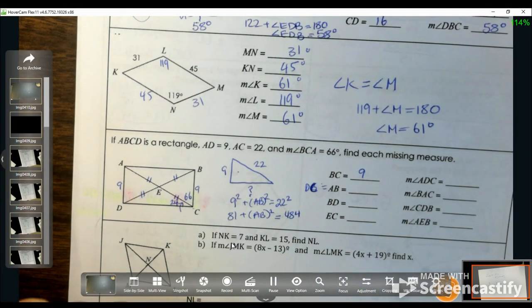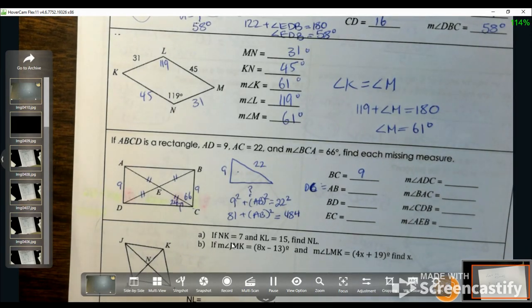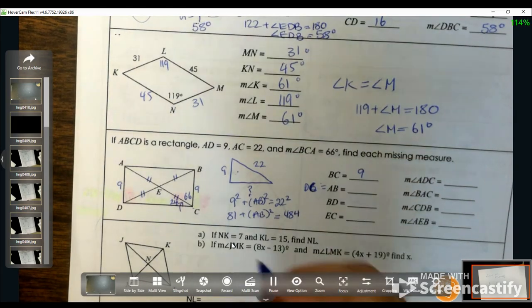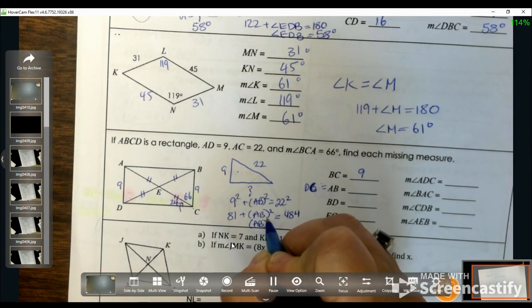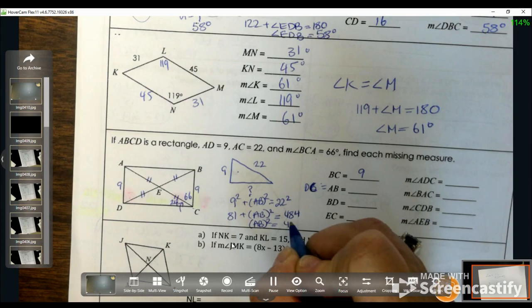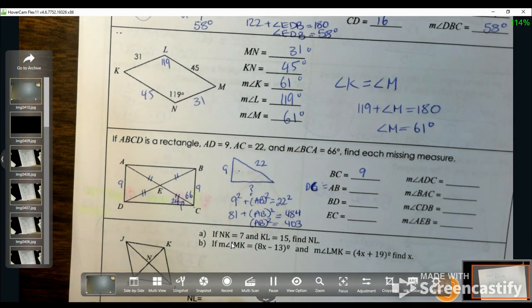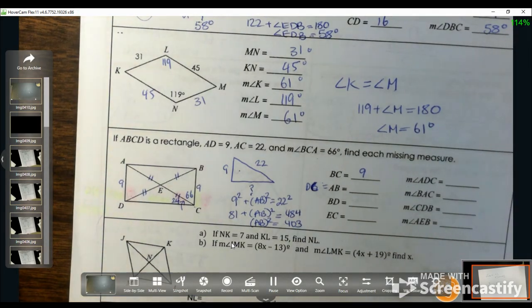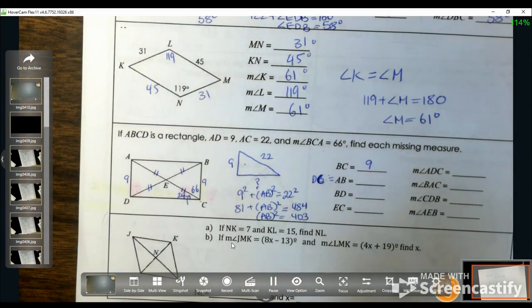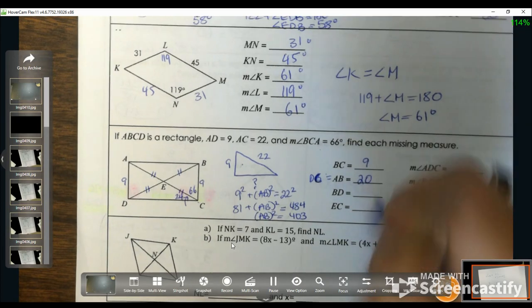I'm going to subtract 81 from that. I'm going to get 403, and then I'm going to do the square root. AB squared is equal to 403. And that means when I do the square root, I end up with a number that's very close to 20. So AB is equal to 20.